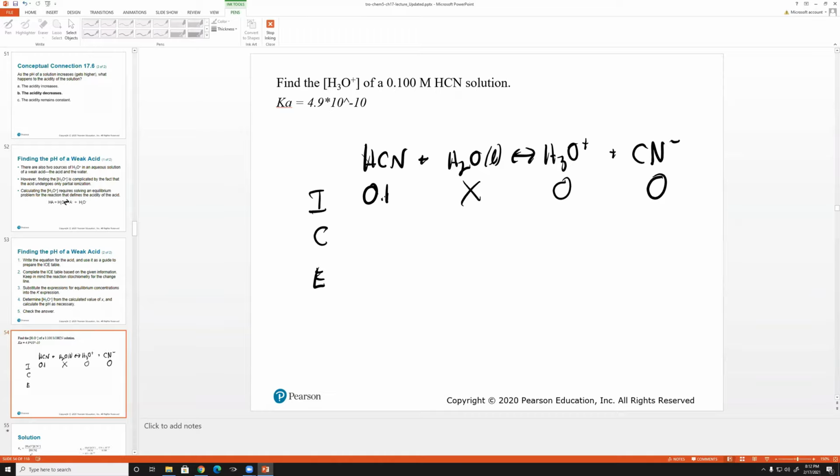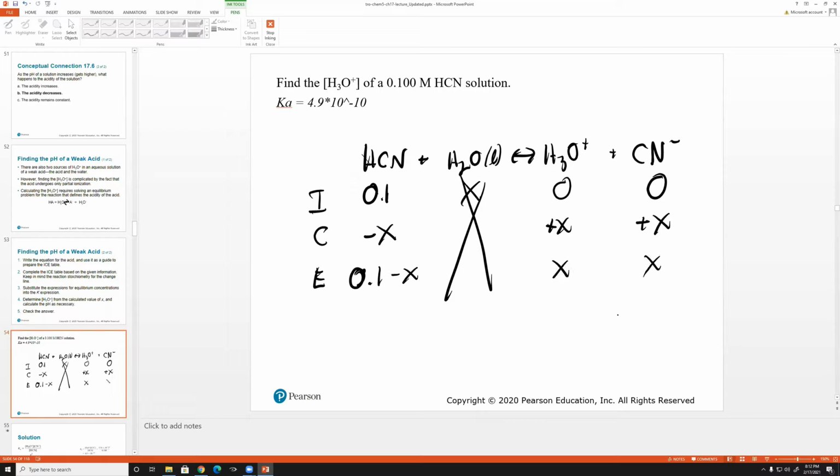So change. Since this is balanced, the change is minus X for HCN. We can cancel out the water row, it doesn't count. H3O plus X, and CN plus X. Then at equilibrium we have 0.1 minus X, X, and X. And then we have our Ka expression, which is simply H3O plus at equilibrium times CN minus at equilibrium.